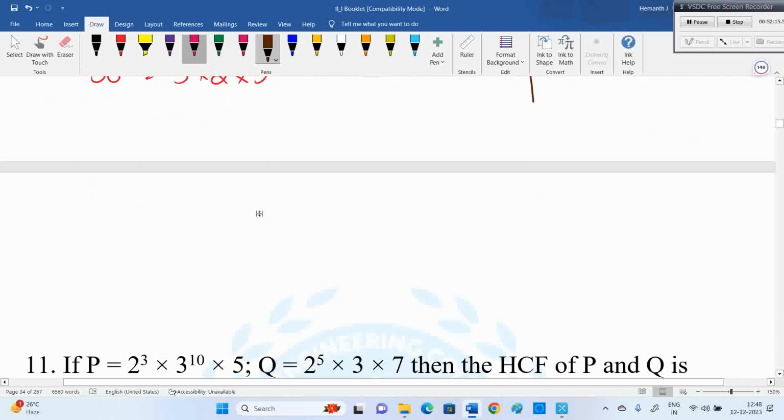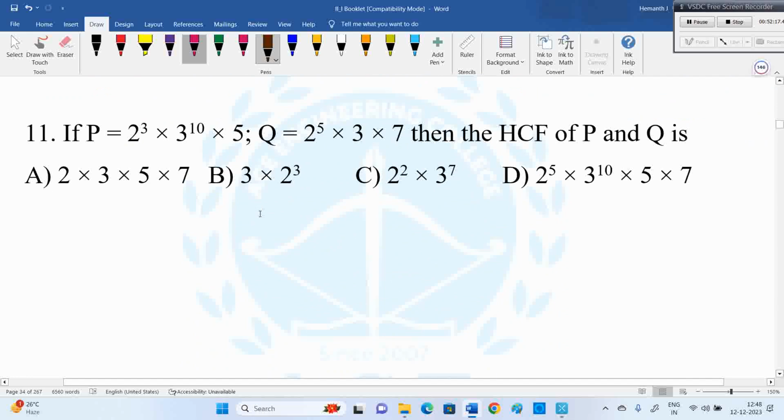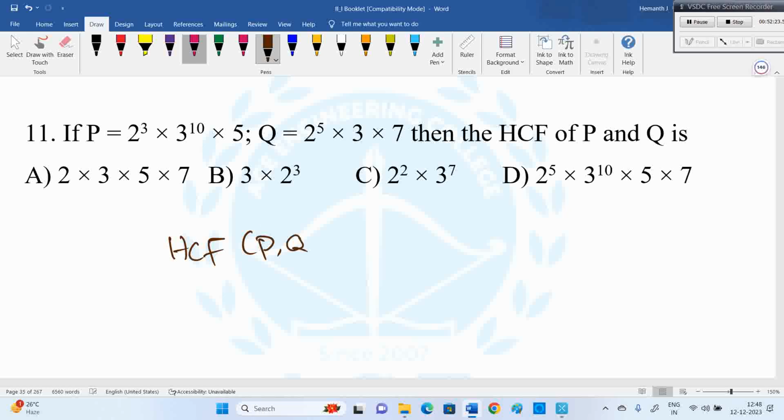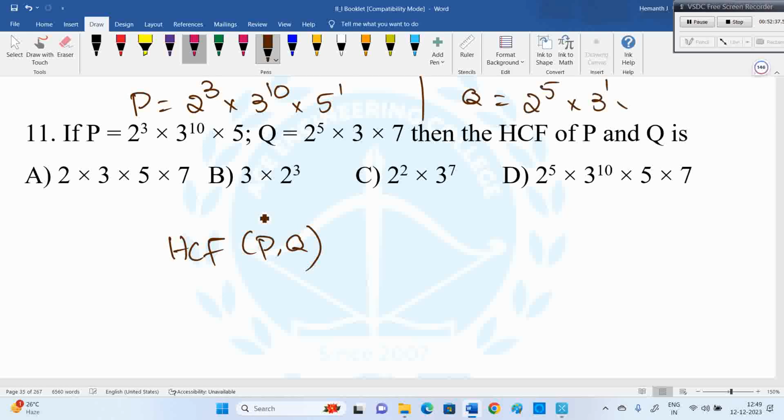See the first question here. I asked regarding the HCF of P and Q. P is 2 power 3, 3 power 10, 5 power 1. Q is 2 power 5, 3 power 1, 7 power 1. When the power is not mentioned, the power is 1. 3 means 3 power 1, right?